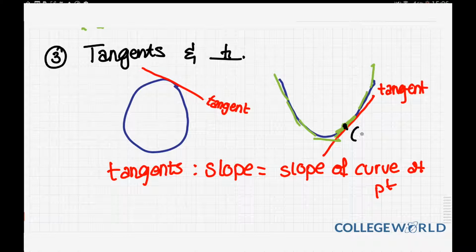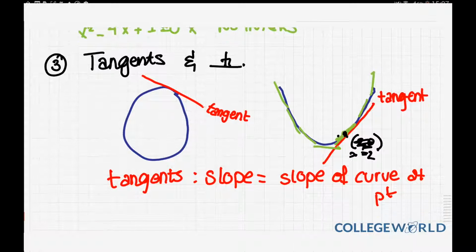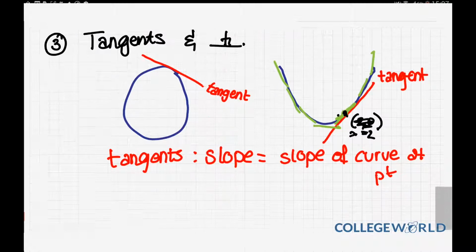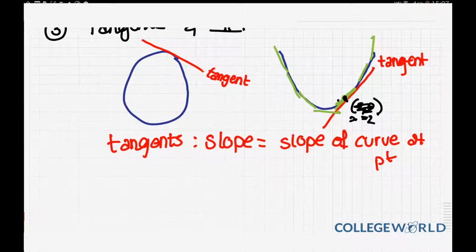So if they tell you what is special about this line tangent to this curve, at that point you say at that point they have the same gradient. Then our second thing is perpendicular lines. Now, perpendicular lines are almost exactly the opposite. For our awesome parabola here, we said that this is our tangent.